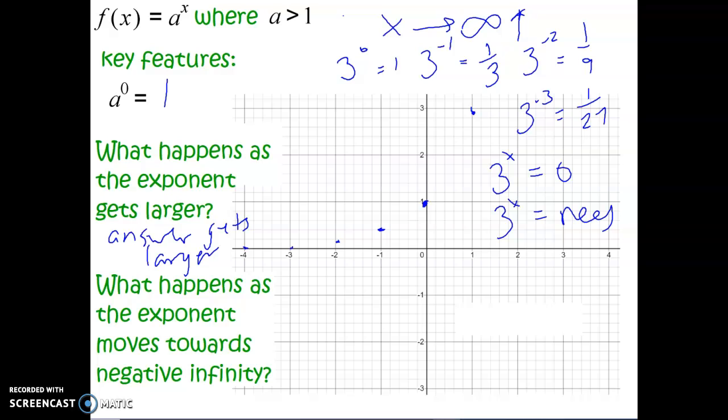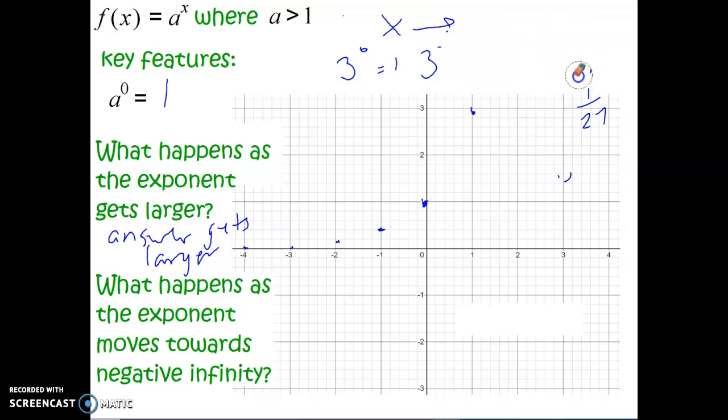So when I connect the dots, let me get some space over here. I'm going to have to go up very quickly over here on the right-hand side. All right, so starting from here, it's going to go up very quickly, and I'm going to put an arrow to show that it continues to go up.